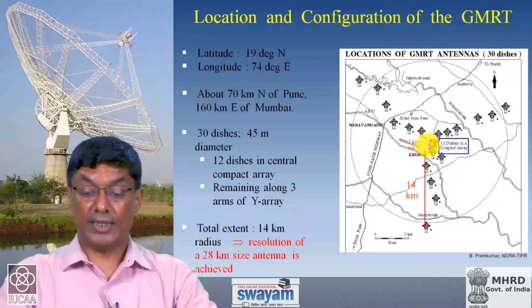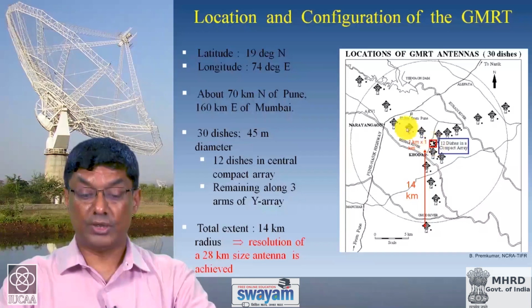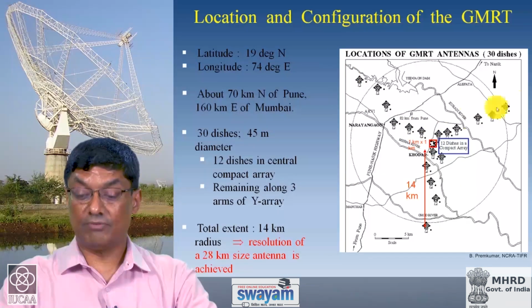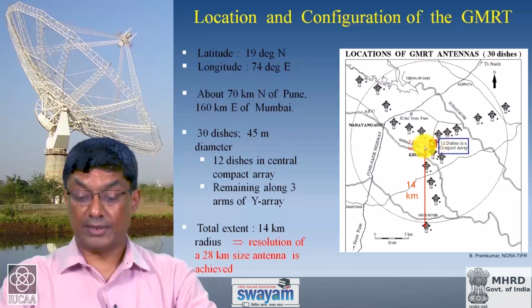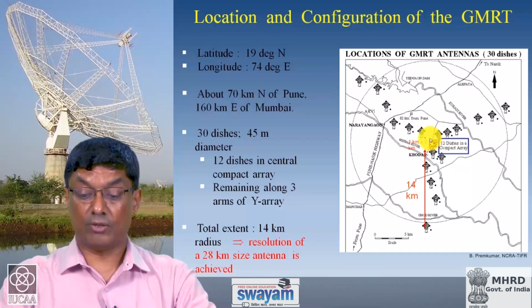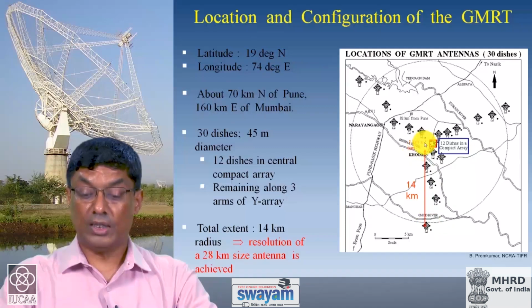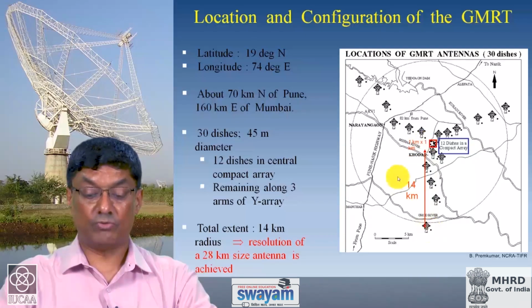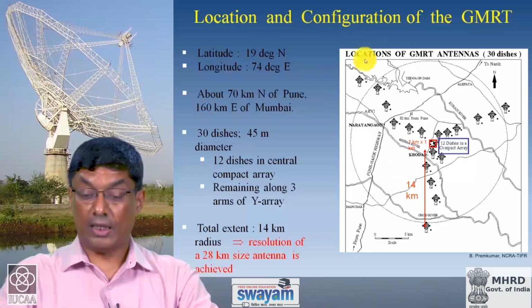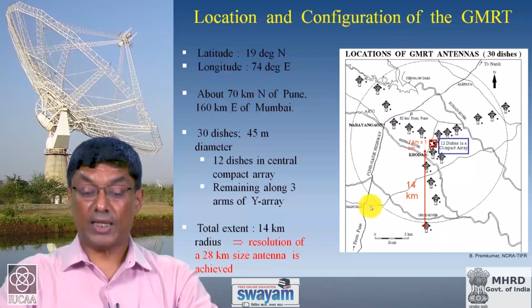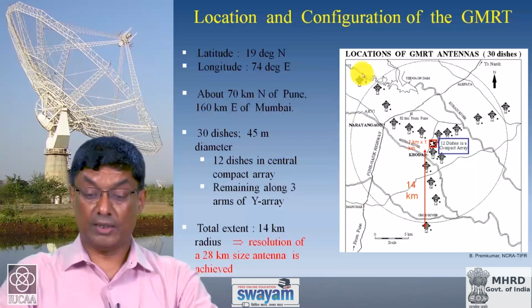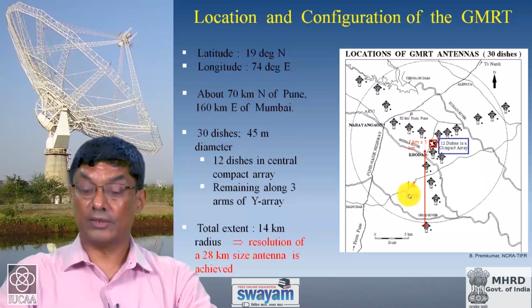And a bit like the VLA array that I showed you, the antennas are roughly in a Y-shaped structure on the large scale, with a set of antennas in a compact configuration in the center, which we call the central square, a 1 kilometer by 1 kilometer region with 12 antennas, and the remaining 18 spread out in a Y-shaped arrangement going out to the largest distance from the center, which is a bit over 14 kilometers, and thereby allowing you to synthesize an antenna, as far as resolution is concerned, whose size is equivalent to that of a 28 kilometer dish.